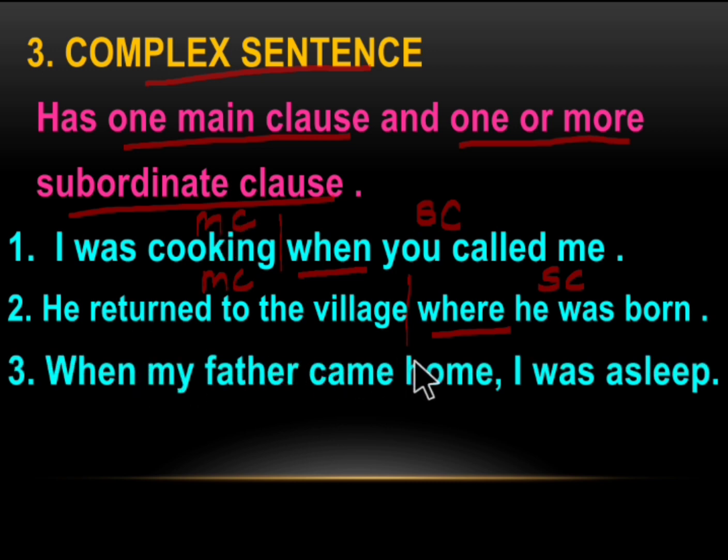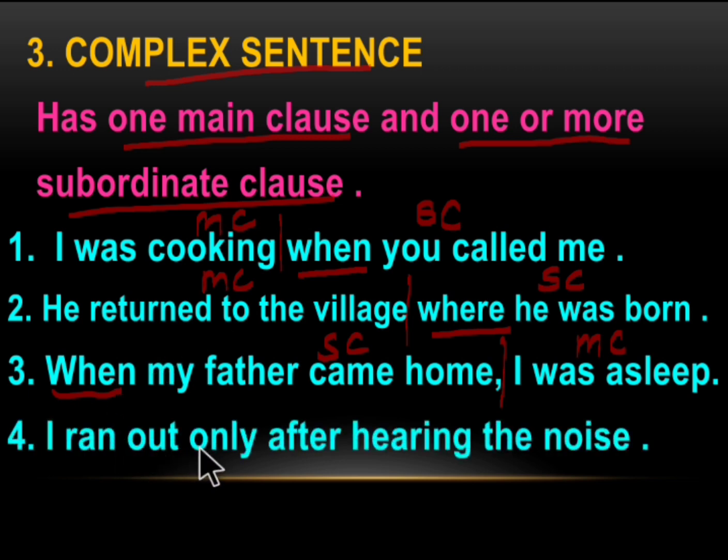When my father came home, I was asleep. So here I was asleep is complete. So this is the main clause. When my father came home is incomplete. So this is the subordinate clause. This when is the conjunction that combines both the clauses, and so this is the subordinating conjunction.